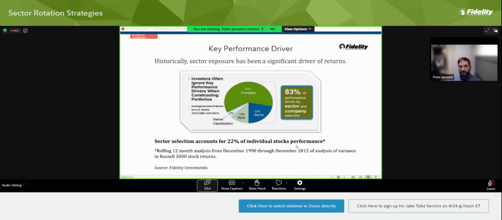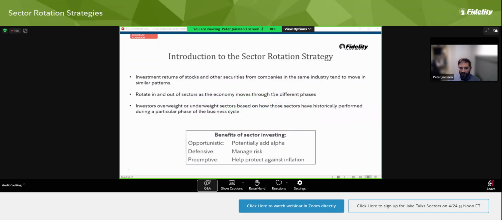I can raise my hand and say, maybe I was invested in a particular sector, maybe a company within a sector, and it just wasn't performing quite as well. This is to show us, or at least just encourage, that there are a number of factors that are going to drive returns. And a portion of this, of course, for any individual company itself, is going to be coming from those sectors that we are invested in. And that's what I wanted to at least begin to introduce.